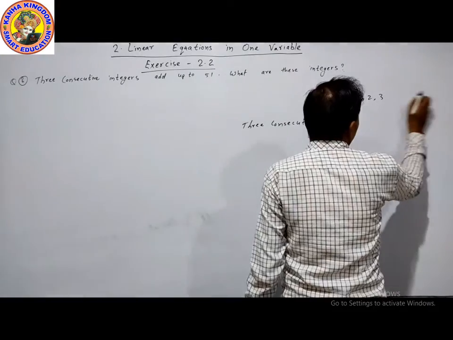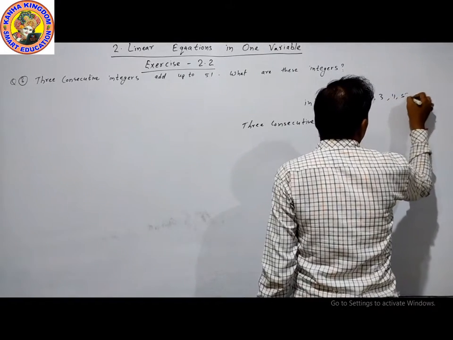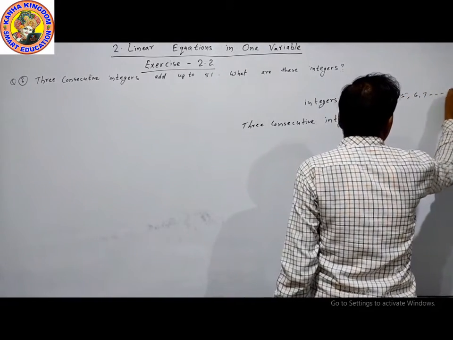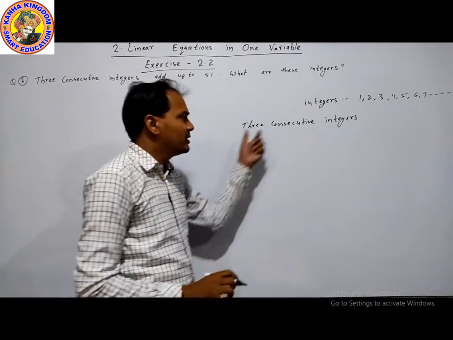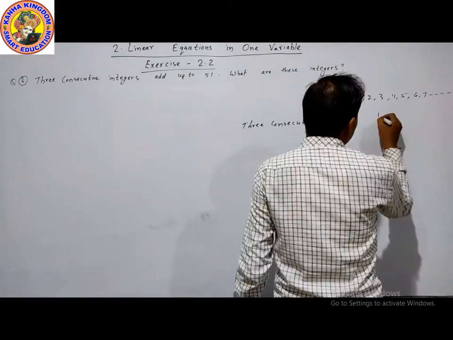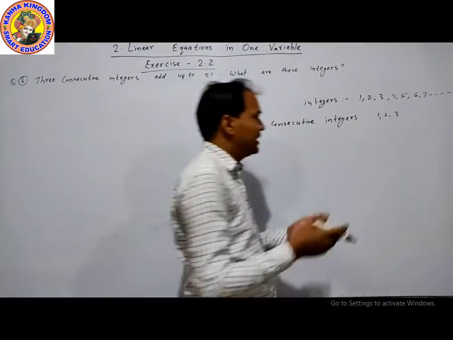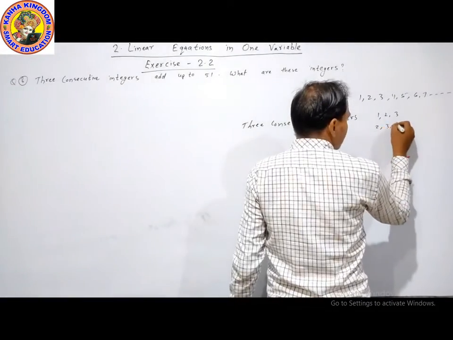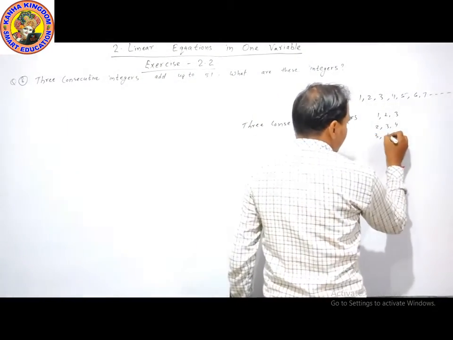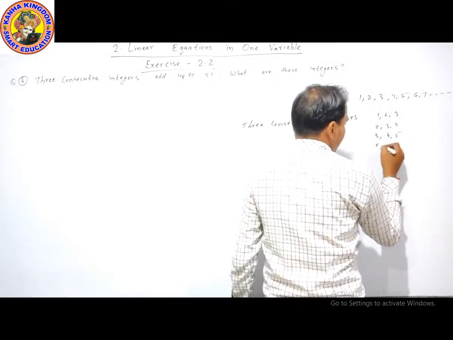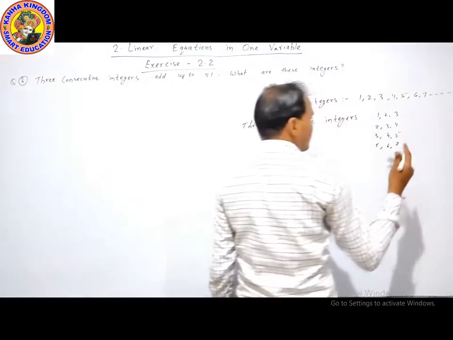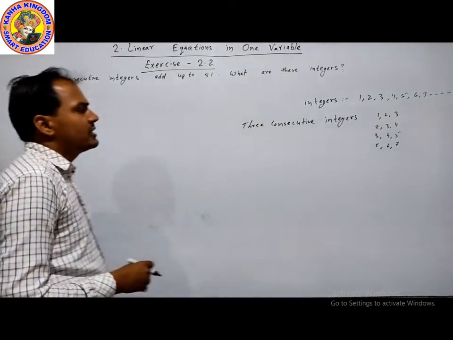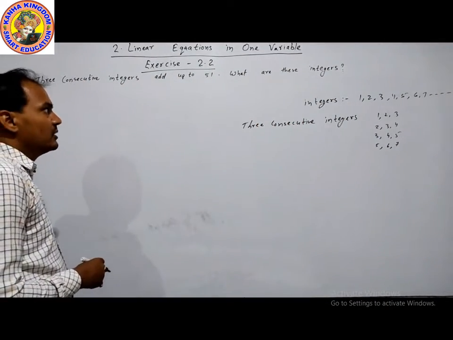Integers are 1, 2, 3, 4, 5, 6, 7, 8, 9, 10, and so on. Three consecutive integers are 1, 2, 3. A set of 3 continuous numbers can be 2, 3, 4, or 3, 4, 5, or 5, 6, 7 and many more. These are consecutive integers.